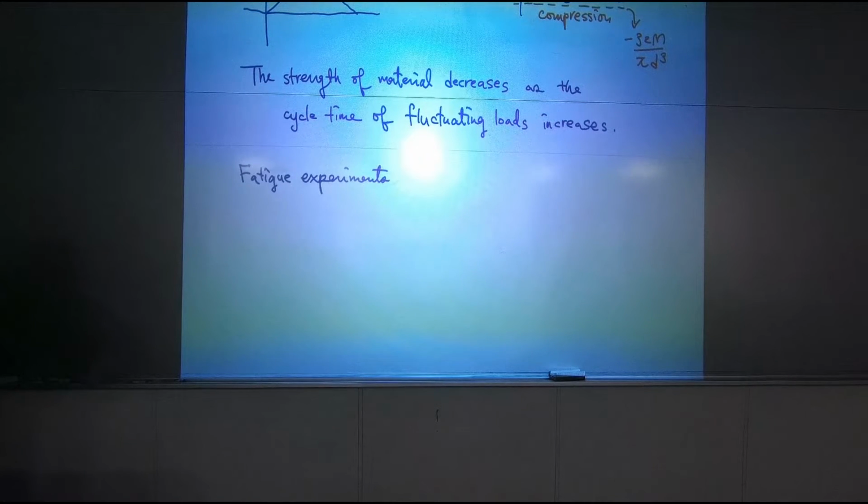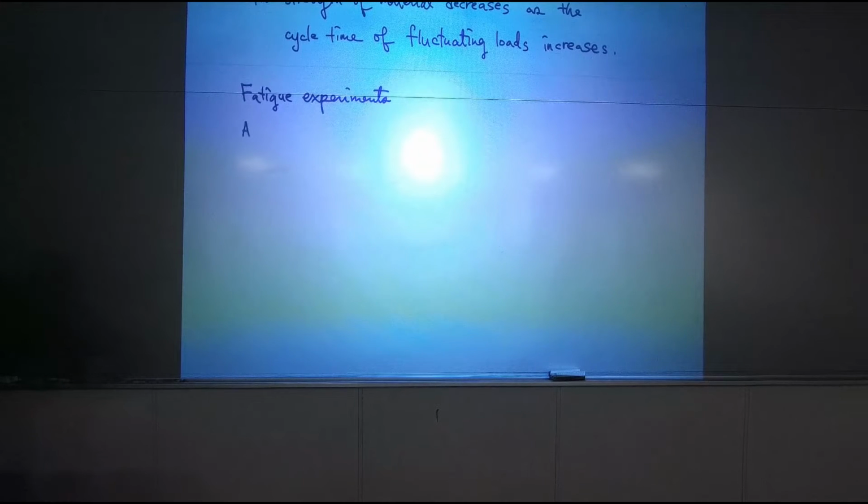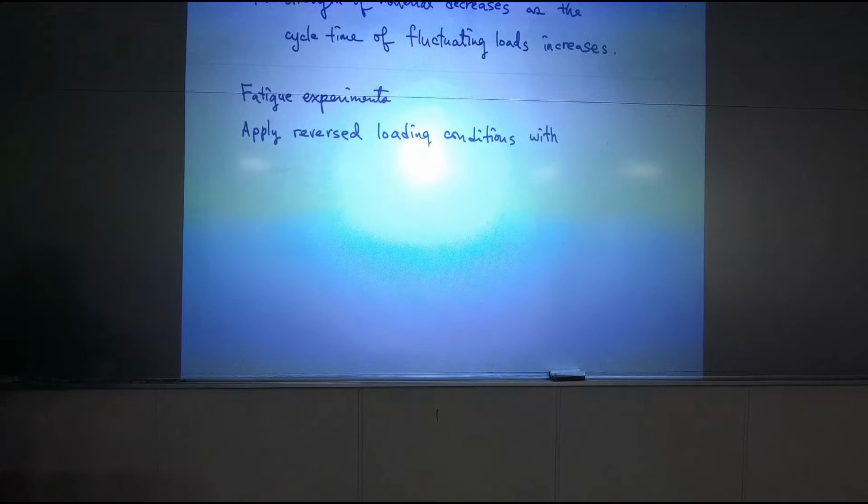What they did was they applied reverse loading conditions with the same amount, or just reverse loading conditions, to a material.